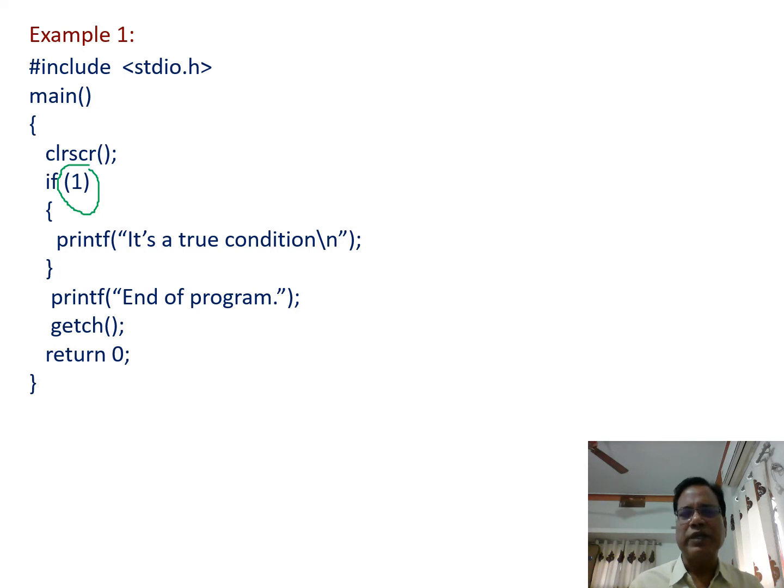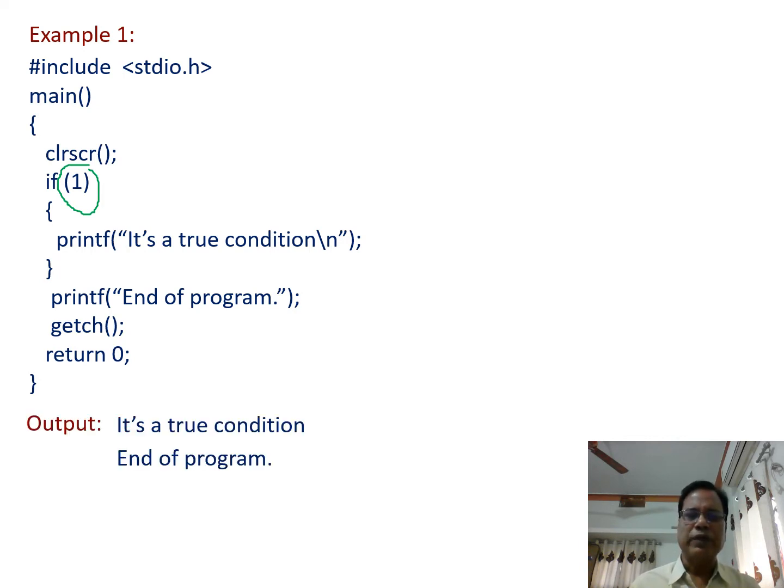So this is executed and it's a true condition is displayed on the output screen. After this, out of the body of the if statement, a printf function is there. So this next statement is executed and end of the program is displayed. In this way, when the program is run, we get the output like this: it's a true condition and end of the program.